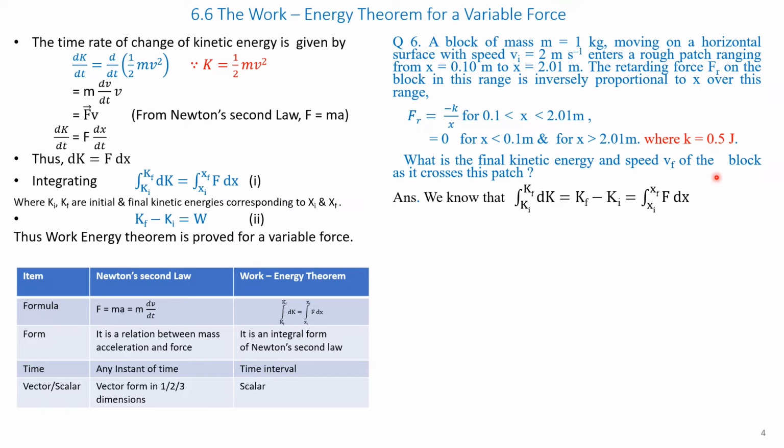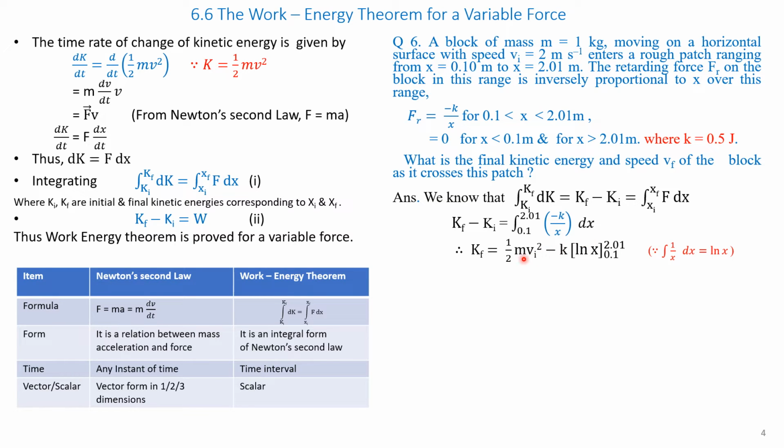Let us do it. We know that the relationship for kinetic energy is given by integral Ki to Kf of dK, which is equal to final kinetic energy minus initial kinetic energy, that is equal to integral xi to xf of F dx. So Kf minus Ki on the left hand side is equal to integral 0.1 to 2.01 of minus k by x dx, because Fr is given as minus k by x in the question.